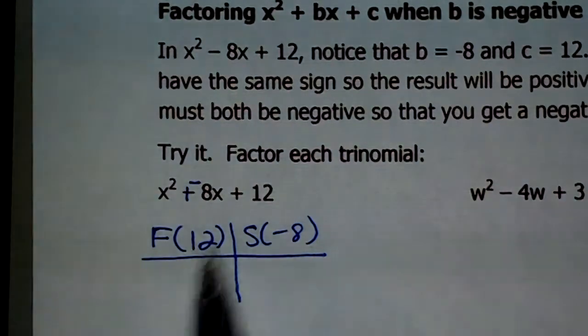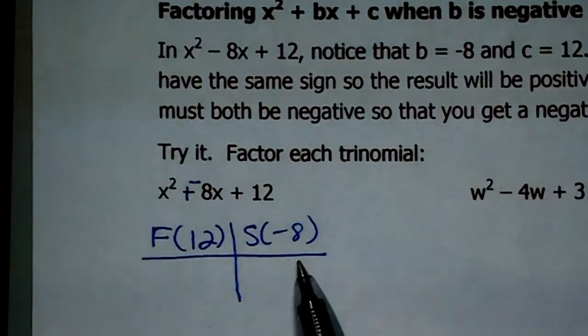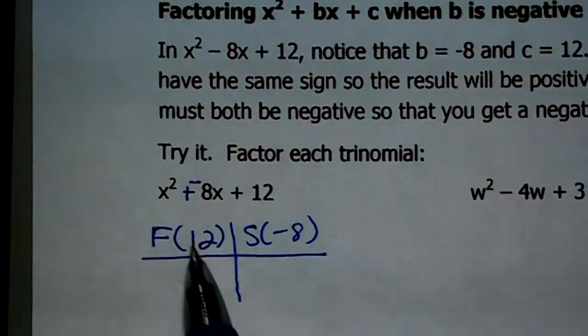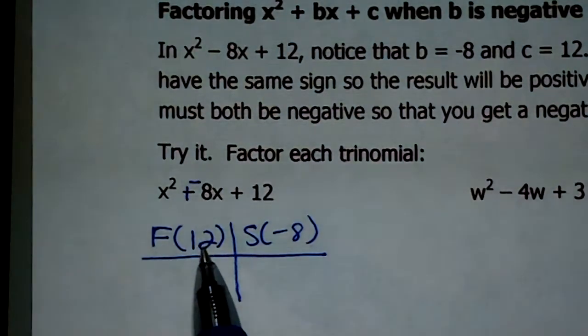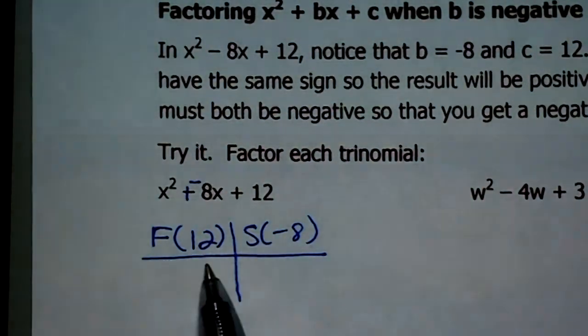When you see this positive 12, I know that we're going to start wanting to do positive numbers like 4 times 3 and 6 times 2 and different amounts. But if you need to get a negative result and a positive c, the only way to multiply two numbers together to get a positive, but when you add them together it's negative, is to have two negatives.